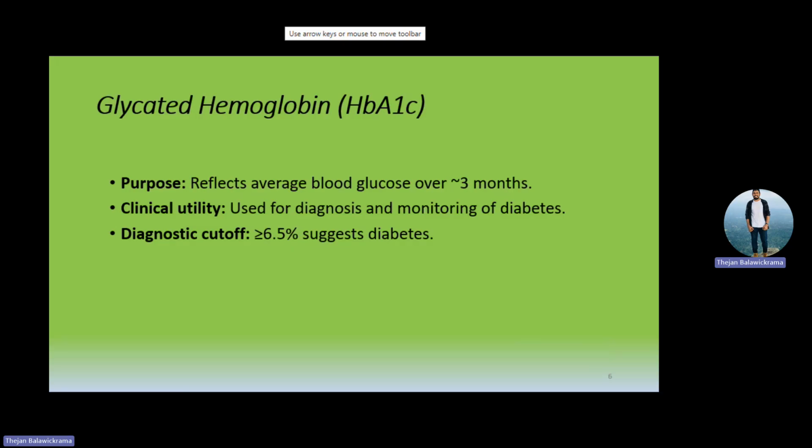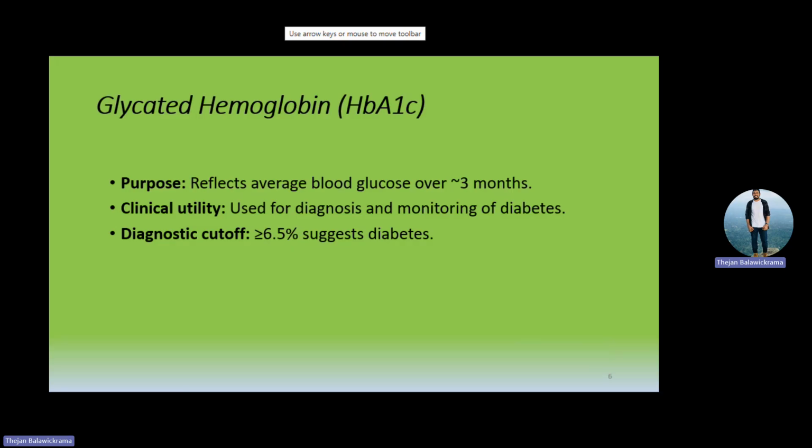Normally, clinically, for some tests to be accepted, there have to be ranges, and the value should be within the range. So blood glucose level also, we measure over a period of 3 months. This is all related to monitoring diabetes.